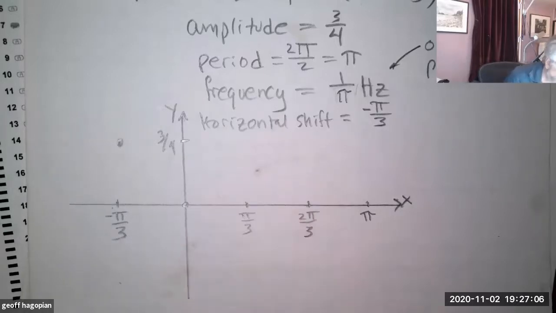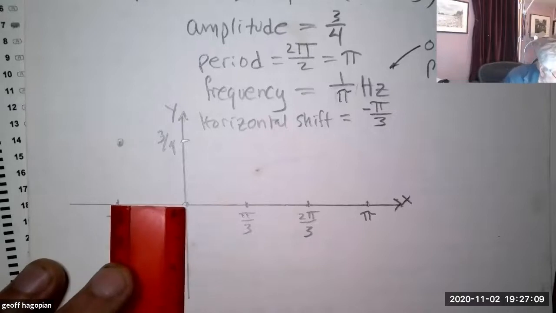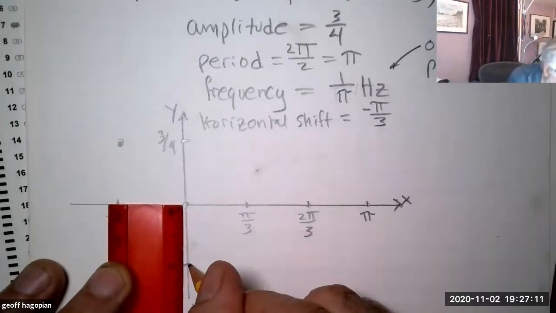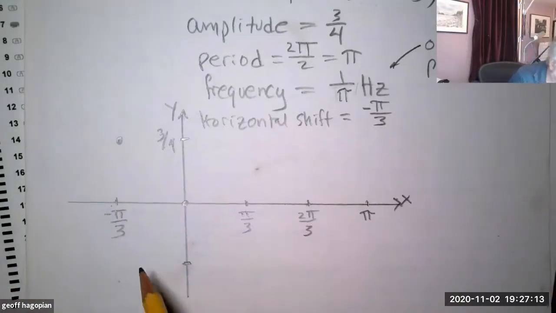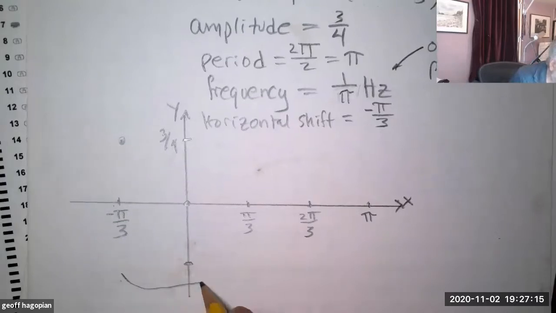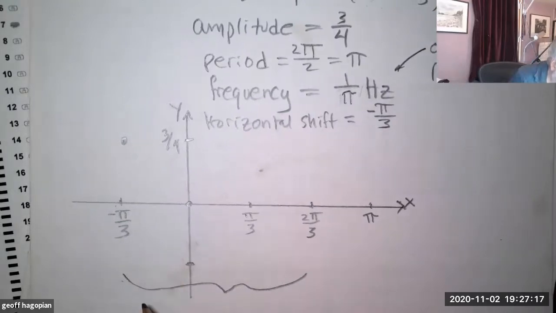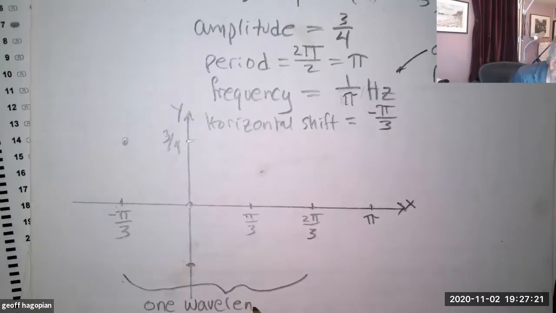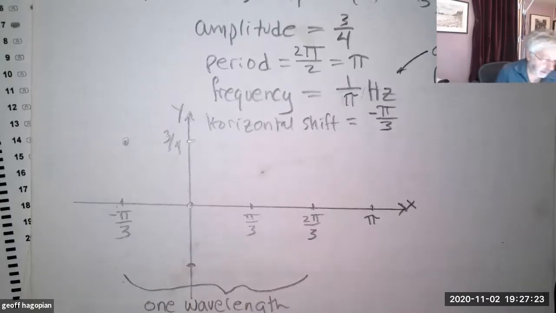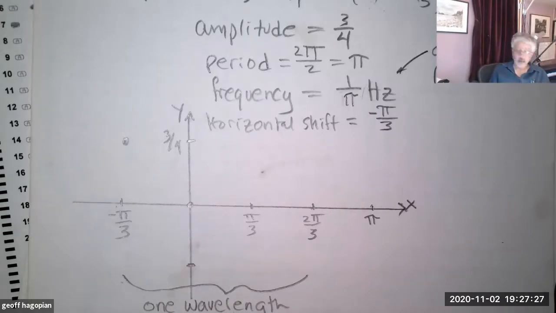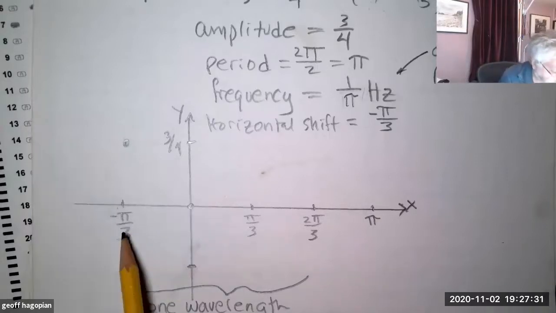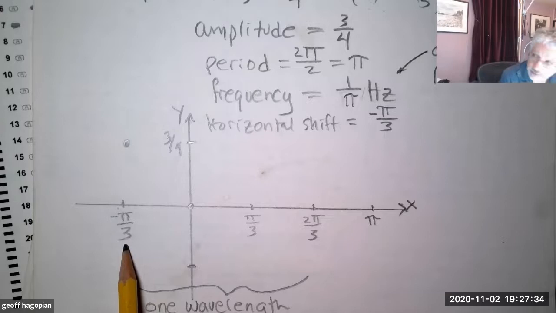I didn't mark my trough here. Yeah, so this is 1 wavelength, right? So, okay, I was about to do something bad, which was assume that a quarter wavelength is pi over 3. No, a quarter wavelength is going to be a quarter of pi, which is pi over 4. So what do you get when you add pi over 4 to negative pi over 3?